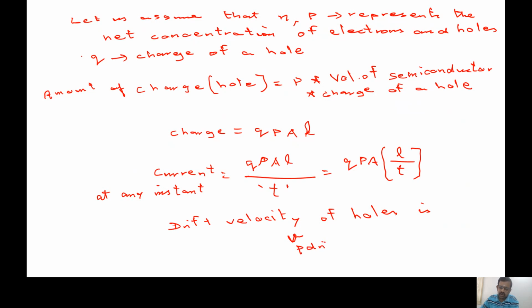The P represents the hole, and it is by the drift mechanism that the holes are moving, therefore Vp drift. So I will simply rewrite this as QPA Vp drift. This is the stuff.